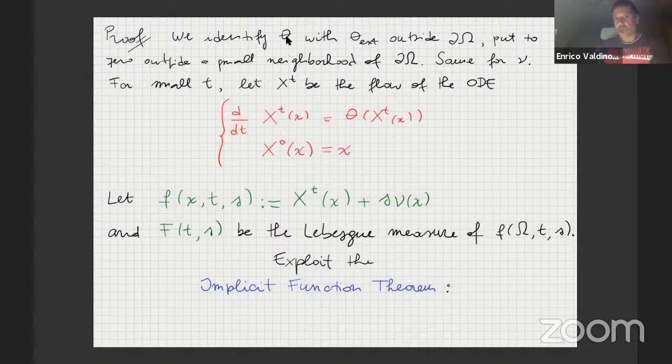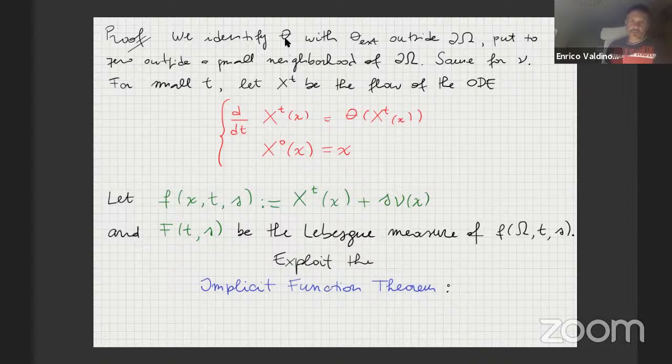Okay, so up to considering the normal extension, I will identify theta with the vector field that is not defined just on the boundary of omega, but it's defined on a tubular neighborhood of the boundary of omega. And also I can multiply by a cutoff function, so I can also think that theta is 0 outside the small neighborhood of the boundary of omega.